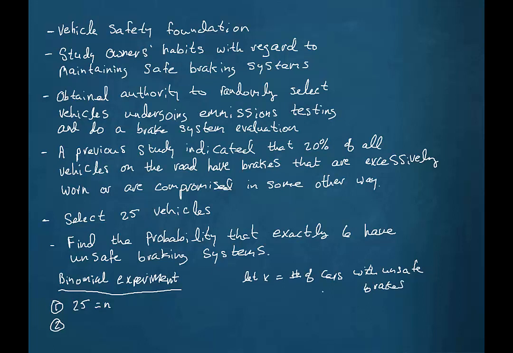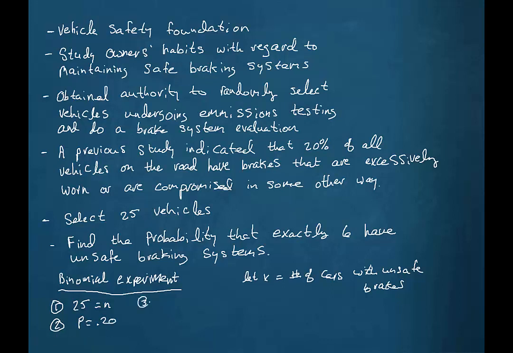Then a success would be finding a car with unsafe brakes, and the probability would be consistent from trial to trial if it is known that 20% of all vehicles on the road have brakes that are excessively worn or are compromised in some other way. So that means that p will be equal to 0.20.